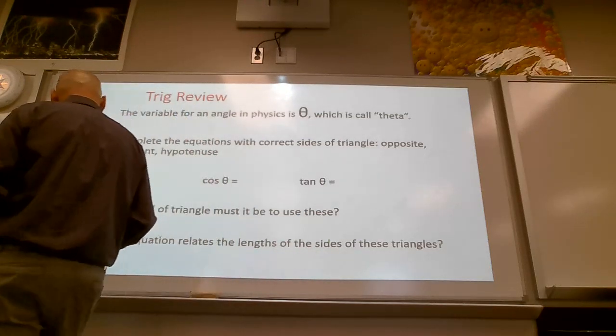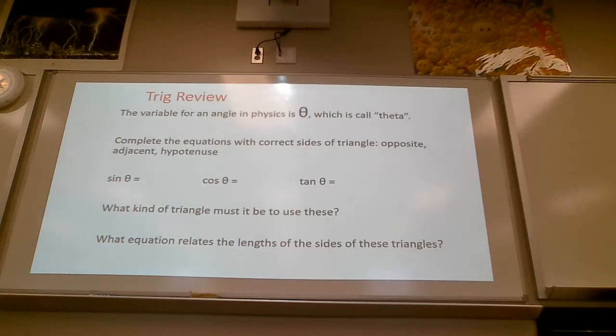Doing some trig review. Will SOHCAHTOA be used commonly in physics? Yes. Oh, yes. All right, so theta. That is our popular variable for an angle.